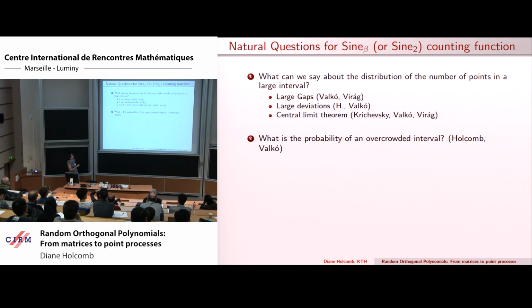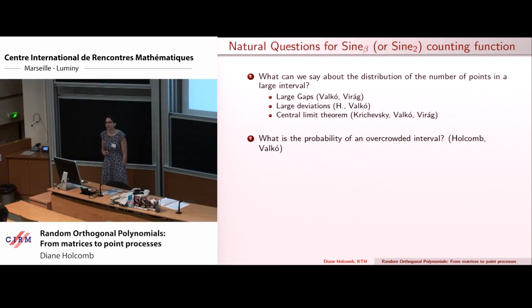I can give you a proof of the central limit theorem of the fluctuations around its mean in about half a page with the counting function framework, and it would be, again, a really difficult analysis problem to do from the determinantal framework. So this is to just convince you that there are questions that we might care about that this description can be super useful for.